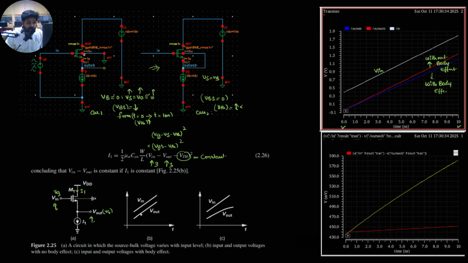I will take V input minus V output on another graph. This is the calculator, where I can get V input minus V output. The difference should be constant here and constant over here. If it is 600 milli here, it is also 600 milli there. If it is 450 milli at t equal to 0, it is 450 milli at t equal to 10 nano also.